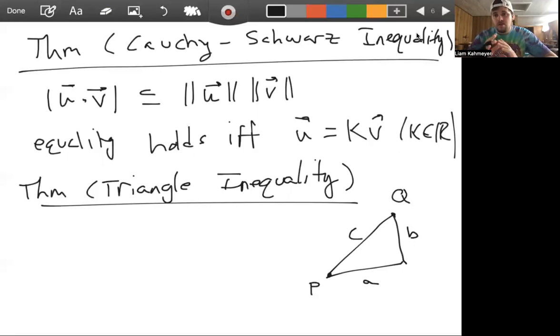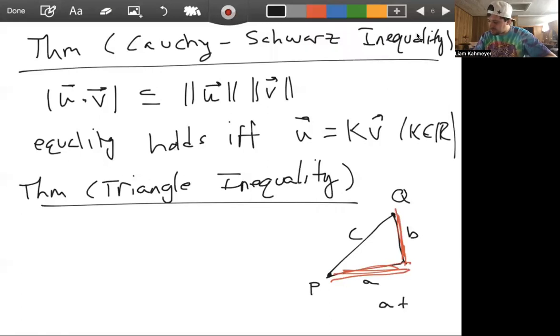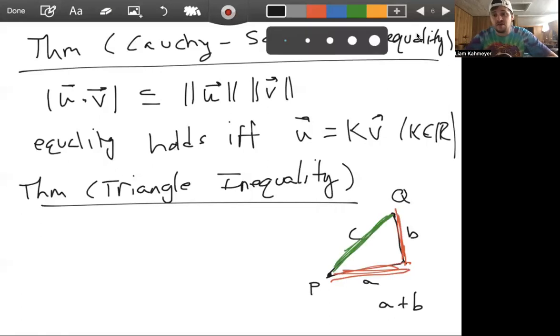Let's say we start with the following path. First, we go along the side of length A and then the side of length B. And so the distance we traveled is A plus B. Well, then if we take path C, we know the shortest path between two points is a straight line. And so for that reason, we can immediately deduce that C is less than or equal to A plus B. This is the triangle inequality.